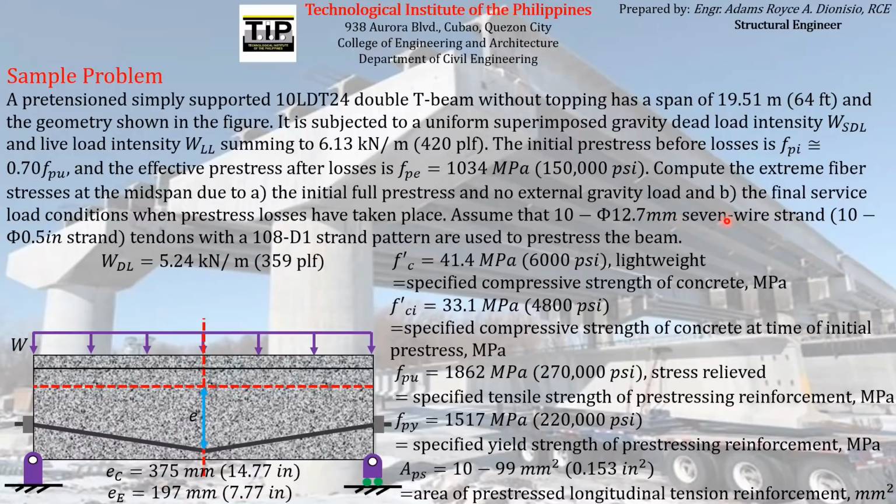So it is not actually a circular cross-section, but a cross-section composed of several circular sections. The nominal diameter of that 7-wire strand is 12.7 mm. If you try to compute, it will have a different magnitude of area compared to the one given here.